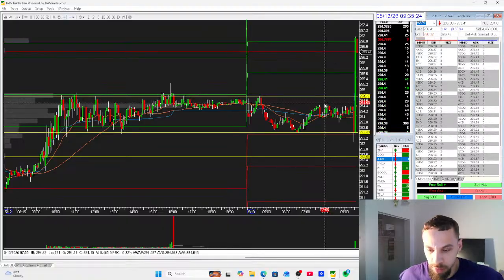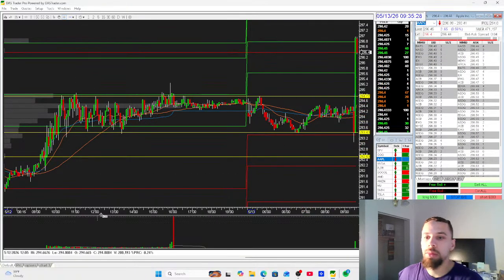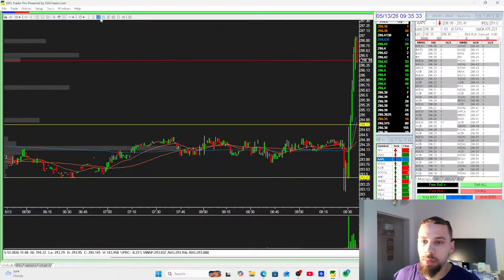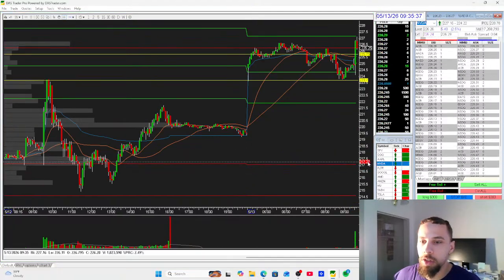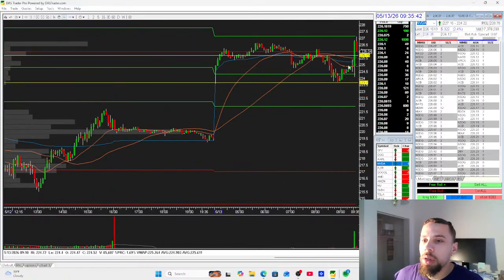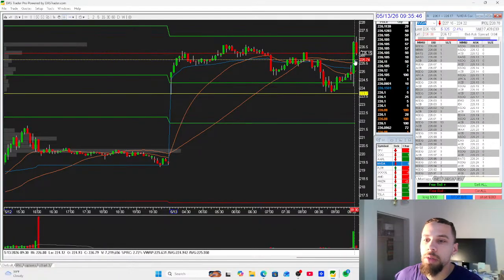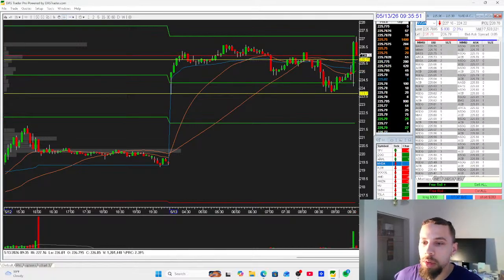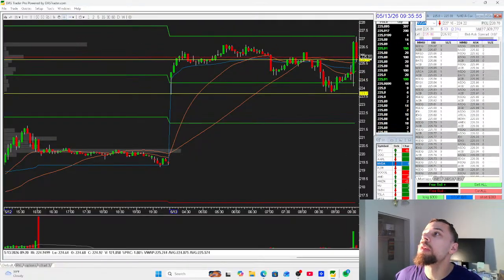Apple monster 5-minute candle. Let's see. Nvidia pulling back. See if it's gonna hold this 225.70 level. SPY and QQQ don't look too good, so pulling back a little bit.